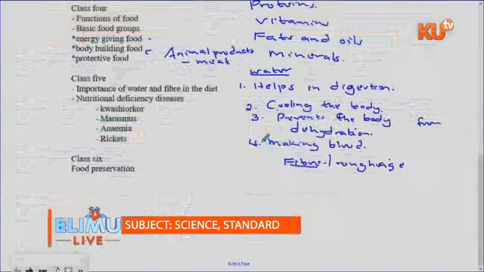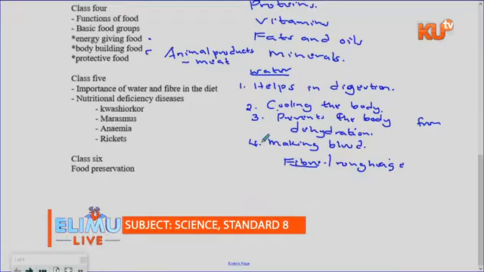Constipation is the tendency whereby you have difficulty in emptying the bowel. When you want to remove the undigested food materials, you will find that you have some difficulty and it will take some time to adjust.